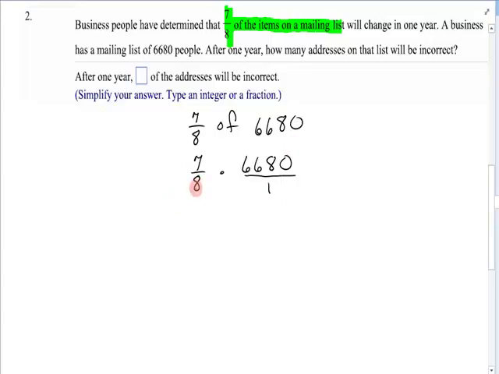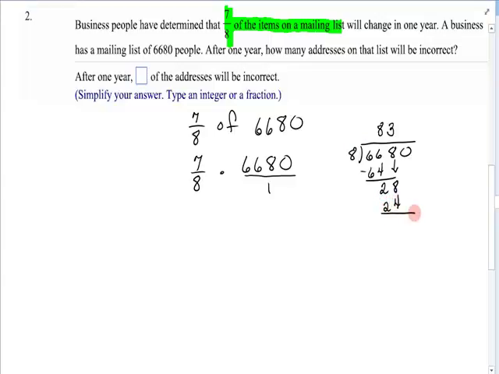I want to check and see, these are both even, but I just wonder if 8 will go into 6,680 evenly. So let's see. 8 does not go into 6, but it goes into 66. Let's see, 8 times 8 is 64. Subtract, bring down the next digit. 8 goes into 28 3 times. 3 times 8 is 24.